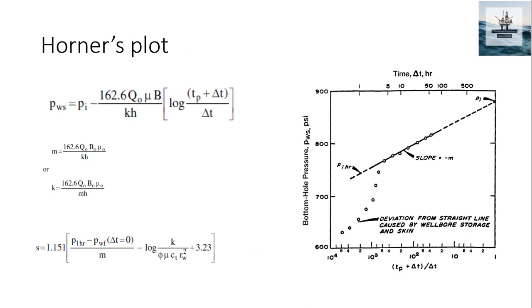So for an ideal graph, this is how the graph looks. This is the equation given by Horner to identify permeability and skin. So PW is equal to PI minus 162.6 Q naught mu B by KH log of (TP plus delta T) by delta T. So PW is wellbore pressure.